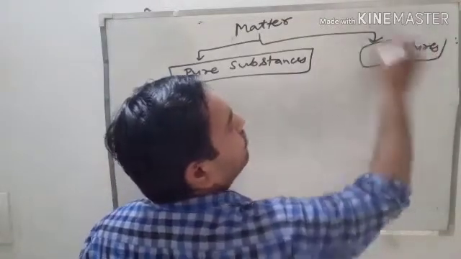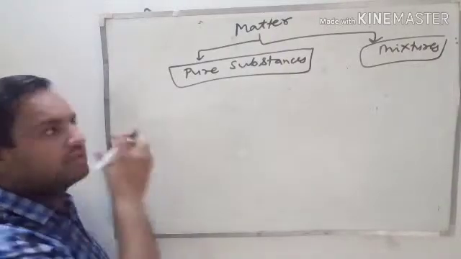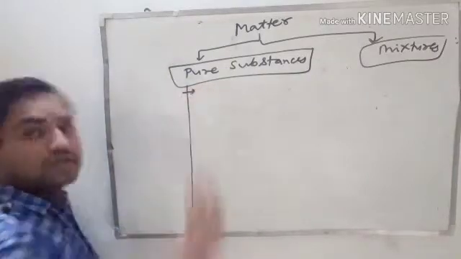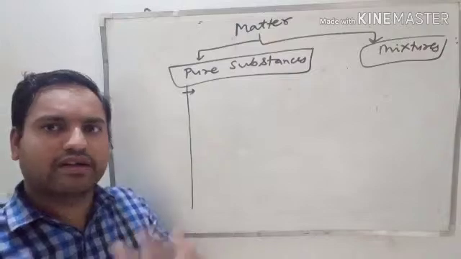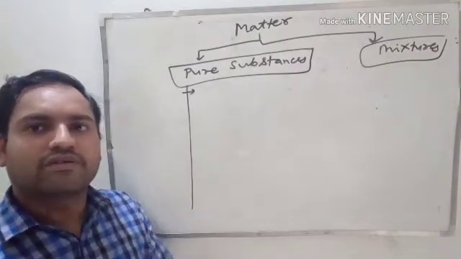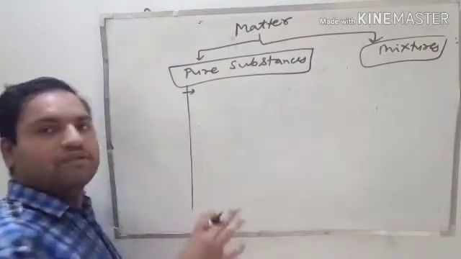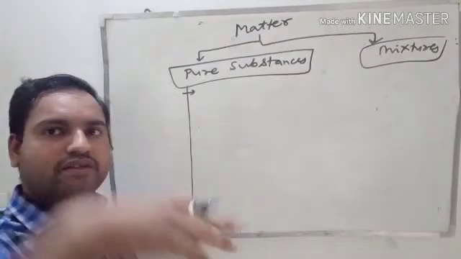You have already been taught this in class 9th and 10th. What are pure substances? The substances which contain only one type of particles, and all these particles have the same property. They cannot be differentiated on the basis of mass or structure. All the particles will be alike in all their physical as well as chemical properties.